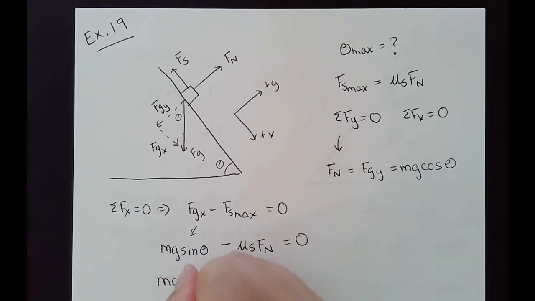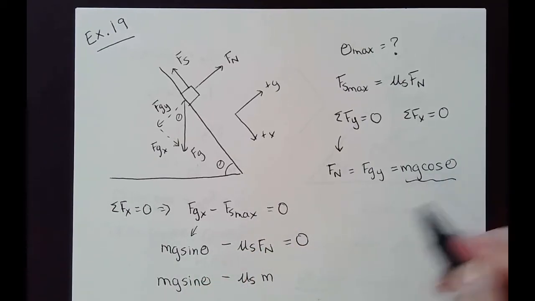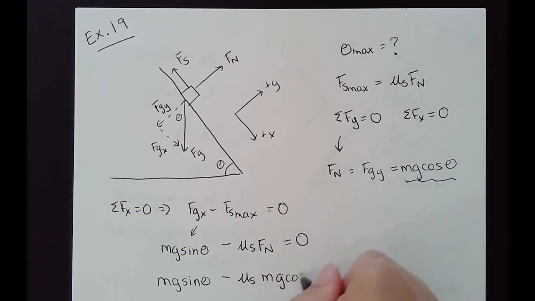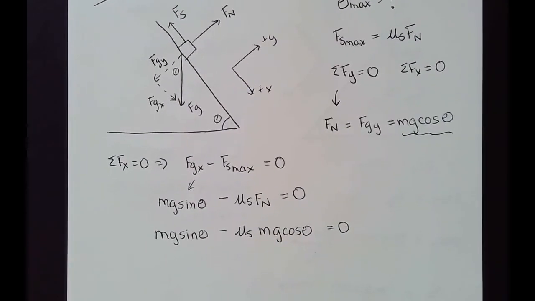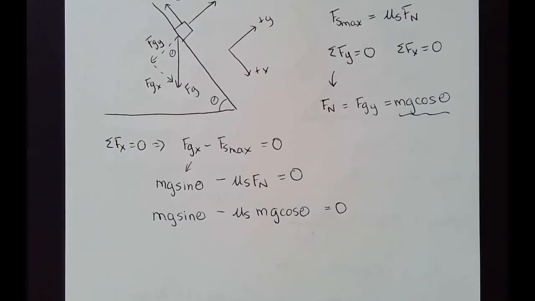So mg sine theta minus mu s, plugging in Fn, mg cos theta equals 0. And what we want to solve for is theta here.